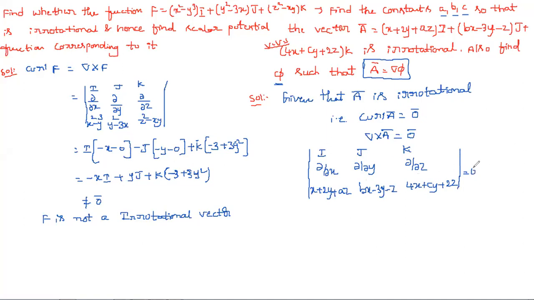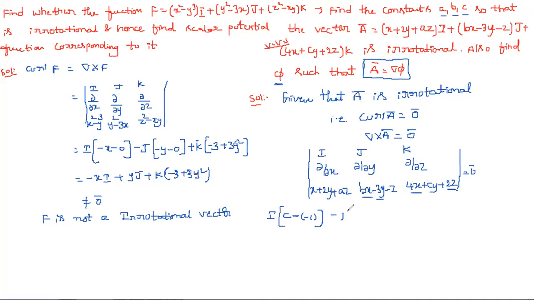I wrote this curl a bar, and now you need to find it. The i component: dou by dou y of this one gives c, this is 0 and this is also 0. Next, dou by dou z of this one is minus of 0, and minus z derivative is minus 1.